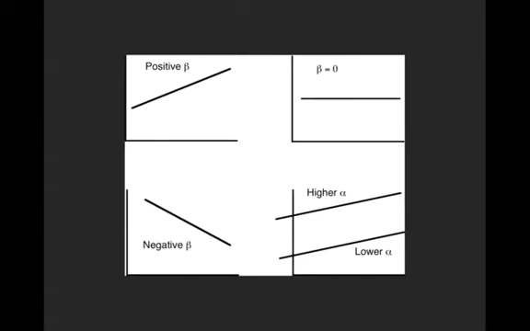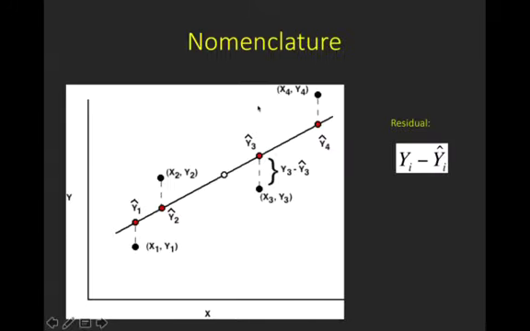So when we go to explain these lines and how we get to beta and how we get to our R squareds, we're looking at how well each data point is represented by that line, or by that linear relationship. And we do this by plotting and understanding what the residual difference is for each data point.